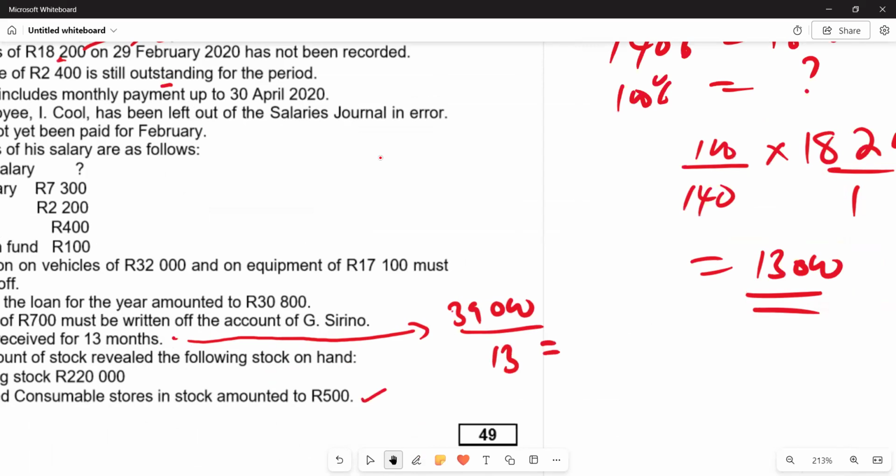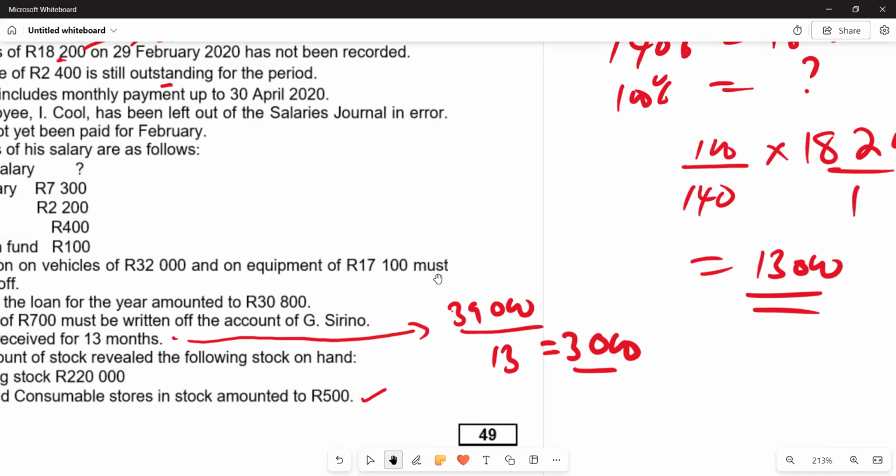If we divide by 13, we are going to get the monthly rent that was received. So we are saying 39,000 divided by 13, and then you are going to get your 3,000. So it means every month rent received was 3,000. So that applies to the extra month that was received. So you need to subtract this 3,000 from 39,000 to get the net figure that belongs to that period.